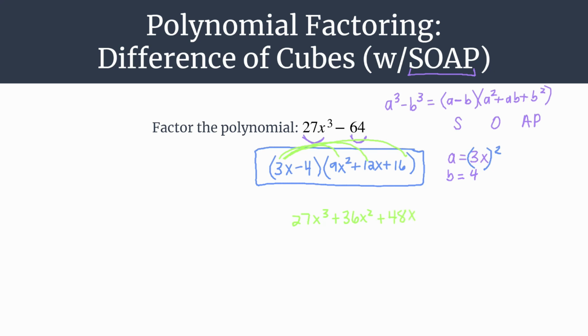All right, moving on to that second term in the binomial, we have minus 36x squared. We have minus 48x. And we have minus 64. So you should be feeling really good. You see that multiple of your terms cancel to 0, and we're left with 27x cubed minus 64. So this is confirmation that our blue factored version is the correct way to factor our original polynomial.